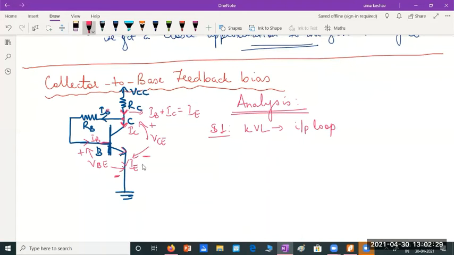Can you tell me which would be the input loop in this case? I always have to start from the power supply. So starting with VCC, I should move in the direction where the base current IB flows and the base emitter voltage is there. This would be the input loop in this circuit.